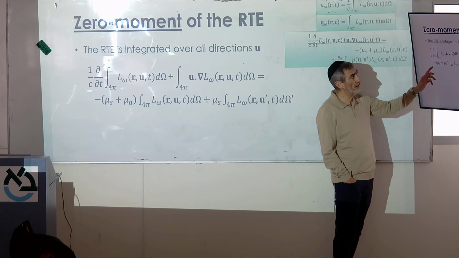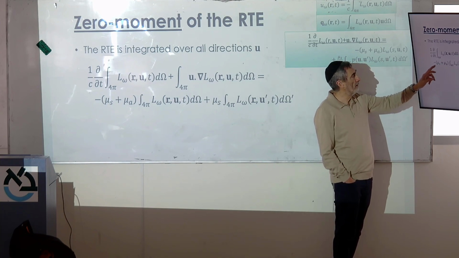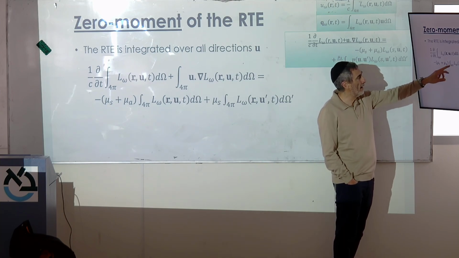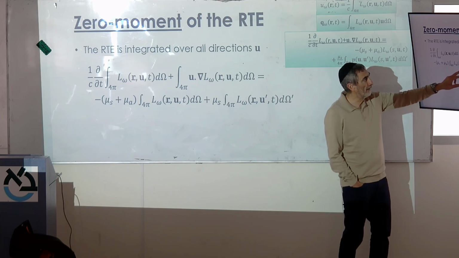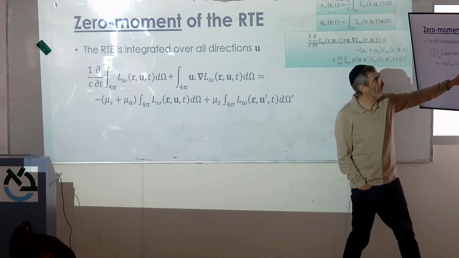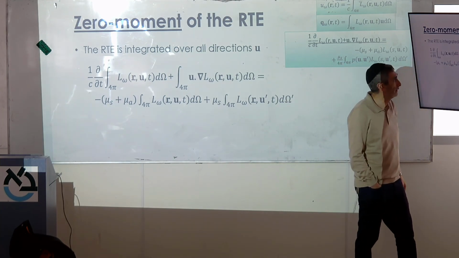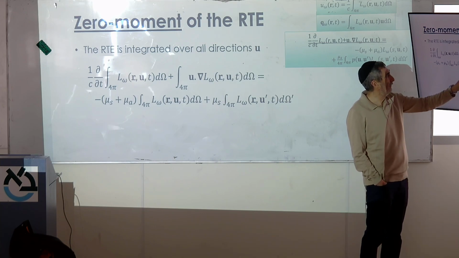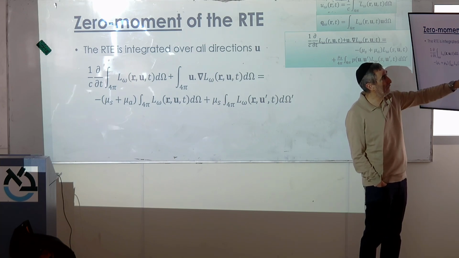Okay, and in the second part of the equation, you have minus mu s plus mu a, integral over space of L. So again, this is the energy density, plus a last term here.